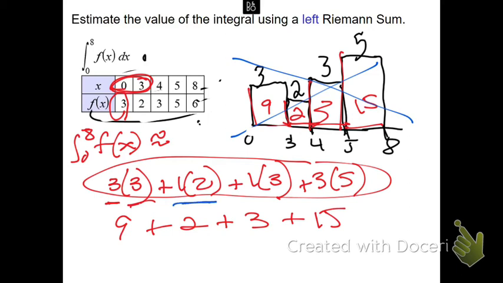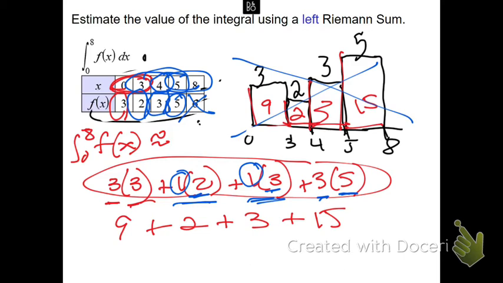For the next one, it's 4 minus 3 gives me that 1, and I use the number on the left, 2, to get this one. For this one, it's 5 minus 4 gives me that 1, and using the number on the left, the 3. And last, 8 minus 5 is 3, use the number on the left, 5, and you don't use the right number when it's a left Riemann sum.